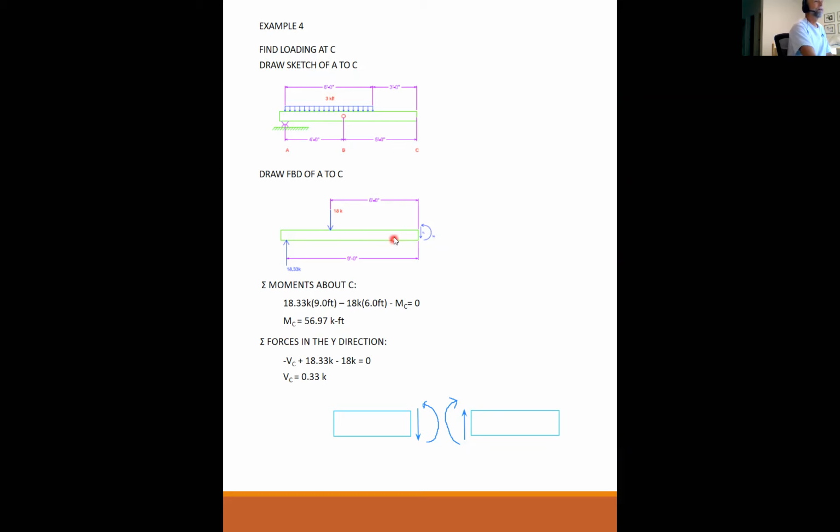It doesn't really matter at this point in the game because we're really just practicing how to solve for internal loads and moments. We're just summing moments and learning how to do free body diagrams and cuts and things like that. But it is going to become very important later on because a positive moment is very different than a negative moment. A positive moment will put a beam in compression at the top and in tension at the bottom.